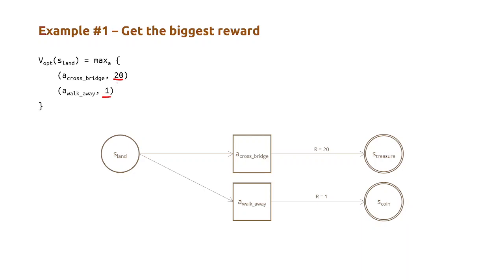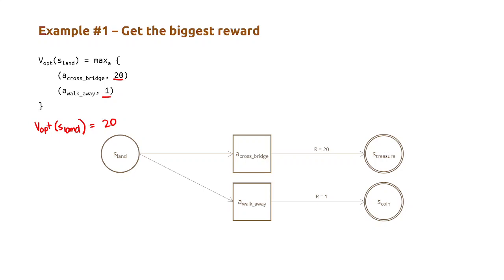It's 20, right? So the optimal value of S land will be 20. Okay, so that's just how simple it is.